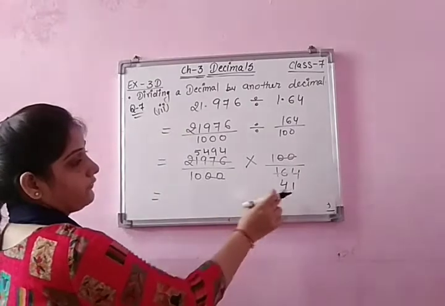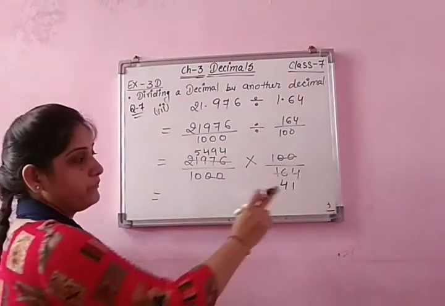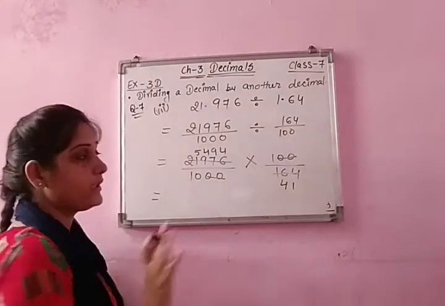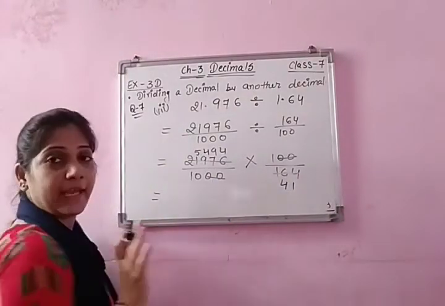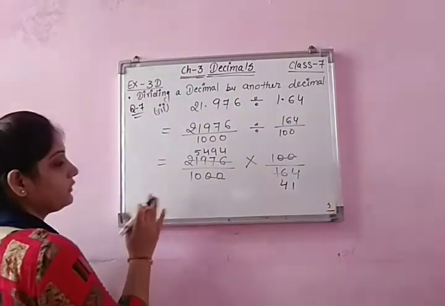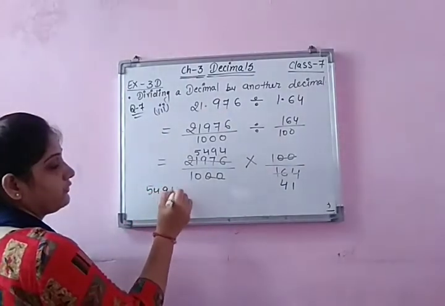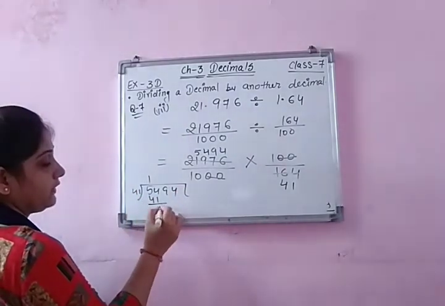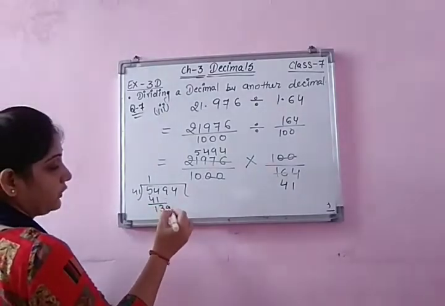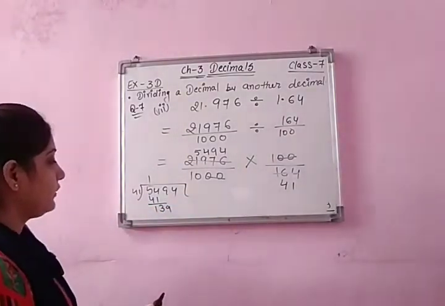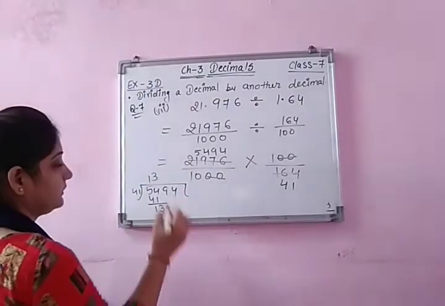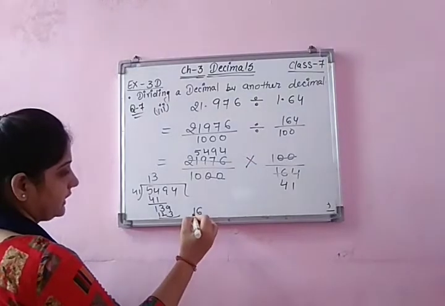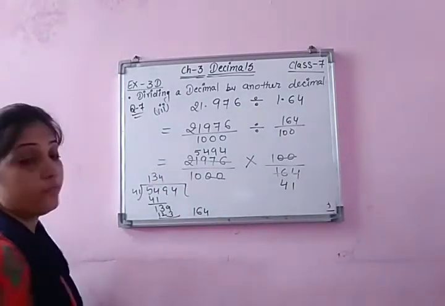Now children, 41 is a prime number, so 41 doesn't come in another table, it will come in its own table. So I think by 41 I can cancel this out. You need to check it by dividing, if you know how to solve directly. 41 1 time 41, 3. 3 4 is 12, it will give me 16, 4 4 is 134.